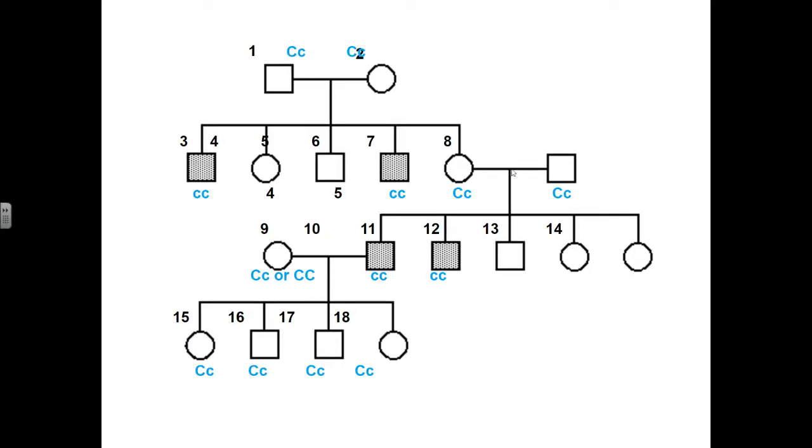Okay, so the first thing you can do is go around all the affected people and put little c underneath them, because to be affected with the recessive characteristic that's autosomal, you have to be a homozygote. We can work out that because these 2 are able to produce an affected person, but they themselves are not affected, they must be heterozygotes. We don't know the genotype of these 2, we only know the phenotype is unaffected.